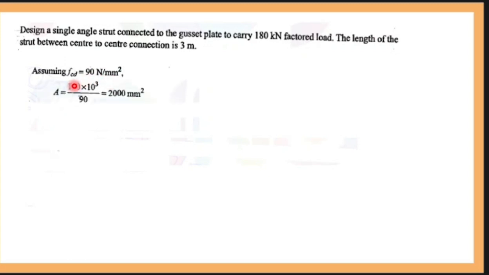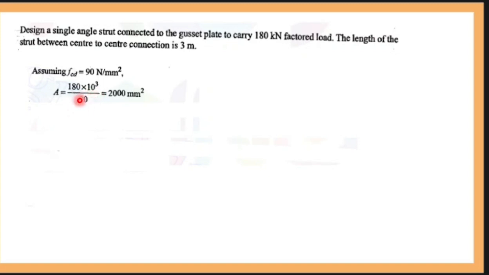When you are assuming the design stress carrying capacity as 90 Newton per mm square, how can you find the area? What is the formula for stress? Stress equals load by area. So what is the load which is given here? 180 kilonewton, and you can find the area. The load is 180 in terms of kilonewton, you multiply by 10 power 3, so this will be in terms of Newton, divided by area.